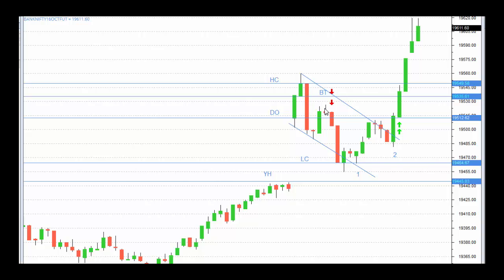There is a breakout test, right? This bar tested this bar's low, and that means bulls are not that strong. So what it is telling you is this is a possible breakout test, which means a pullback, and hence we can bet on a short trade, which is what we take here below this bar's low, right?